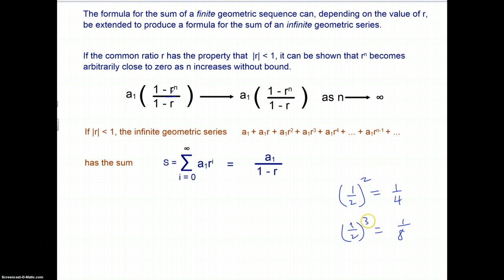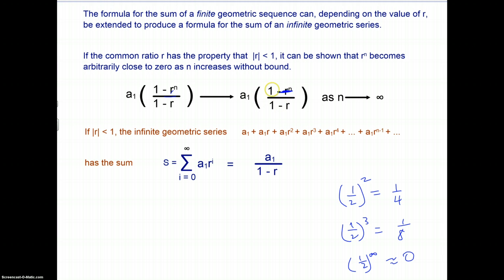Okay, so as n approaches infinity, 1/2 to the infinity power is going to approximately be equal to 0. It's going to get really, really tiny. So what happens is that this term can be just eliminated because it's essentially becoming 0. When n gets really big, that goes away.